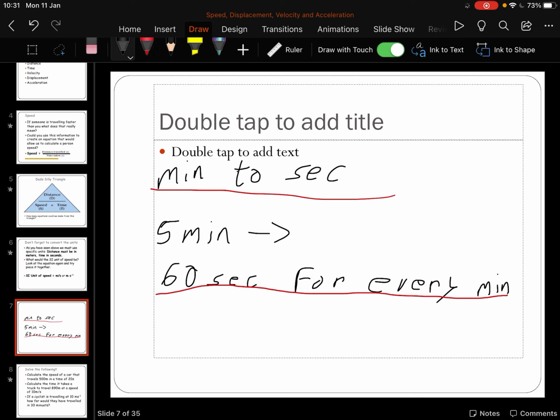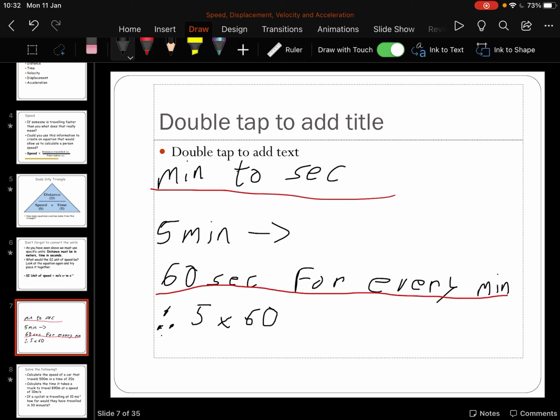So how do we convert minutes to seconds? That'd be 5 multiplied by, hold on a minute, something went wrong there on the tablet. All right, 5 times 60.